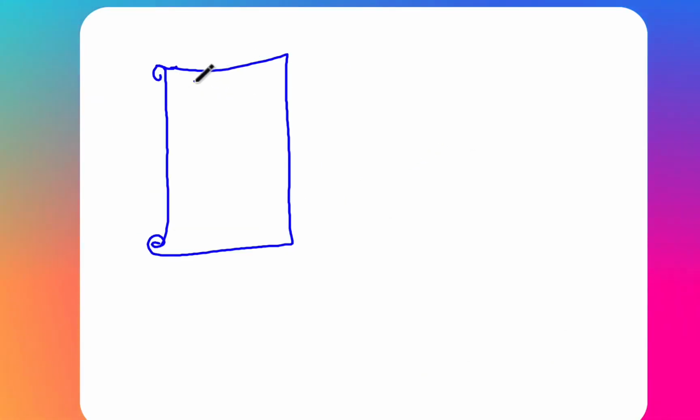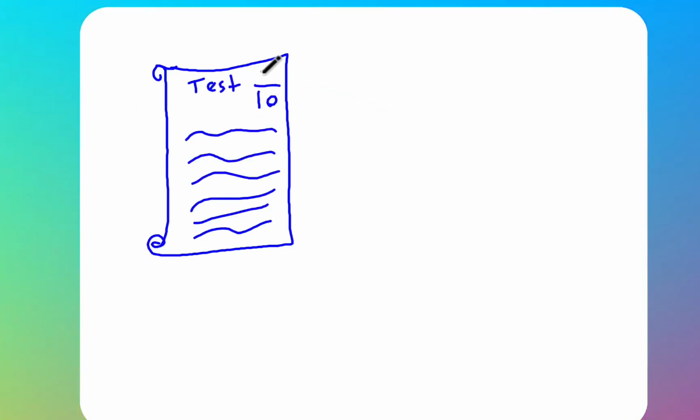Say for example I have a test, and on the test were 10 questions. My teacher looks at my test and she gives me 2 out of 10. In this instance I only got 2 answers right. We can write this now as a decimal. The aim is always to write it as a decimal in order to get our percentage. So here we're going to write our decimal 0.2.